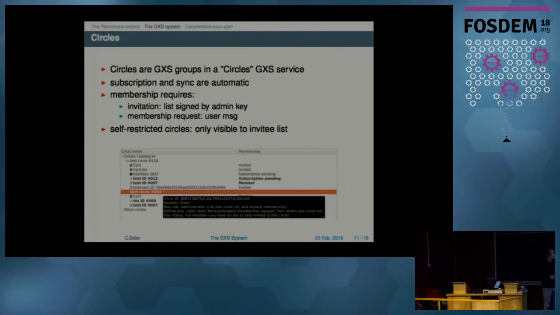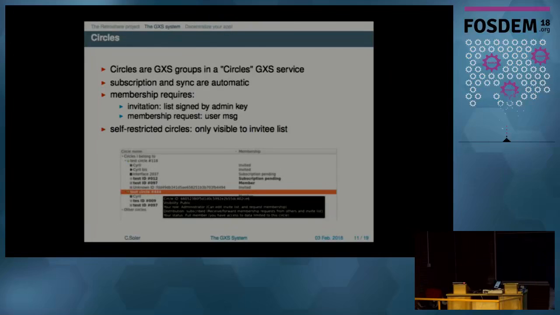And you also need to have requested membership to this cycle. This double check system allows the administrator of the cycle to control the members, but it also allows each member to leave the cycle, and nobody can force someone to be in a cycle and, for instance, use that cycle to distribute unwanted data over the network.